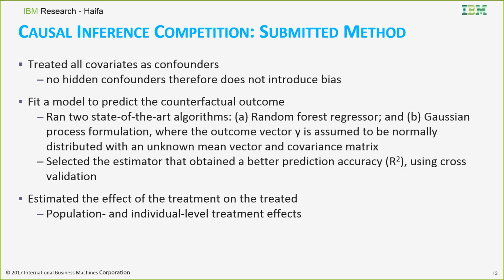We actually fitted two different models. One is a random forest, and the other one is based on Gaussian processes, which I will not get into, and then decided for each data set which one was better at predicting the outcome, and from this estimated the population level and individual treatment level.